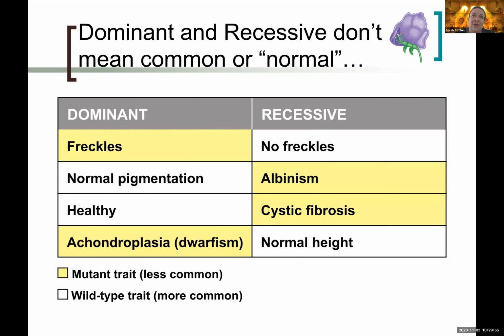So now there's a lot more intermingling than there once was, but even still, many people spend their whole life living in a relatively small community. So there's more intermingling than there ever has been before. But a lot of these genetic disorders are more common in certain ethnic groups just because of their separation. So cystic fibrosis happens to be a disorder that's much more common in people of white European descent.